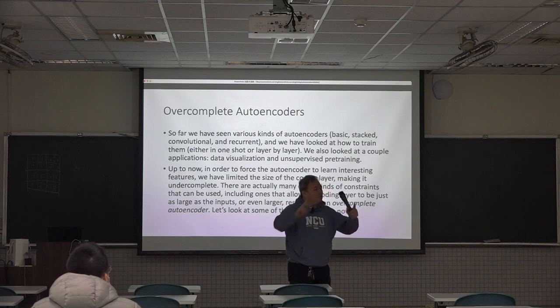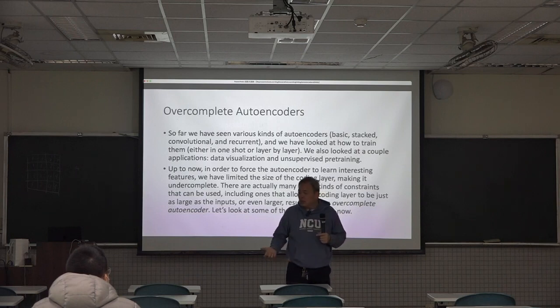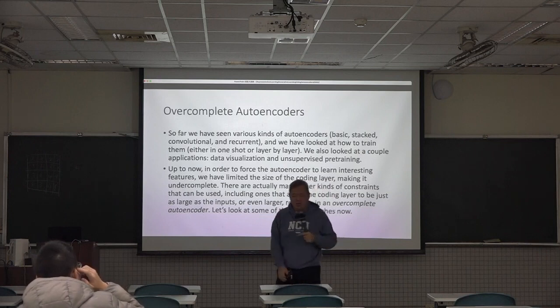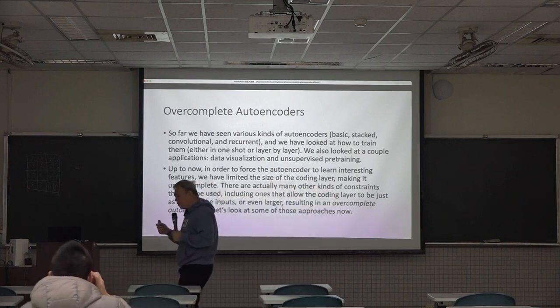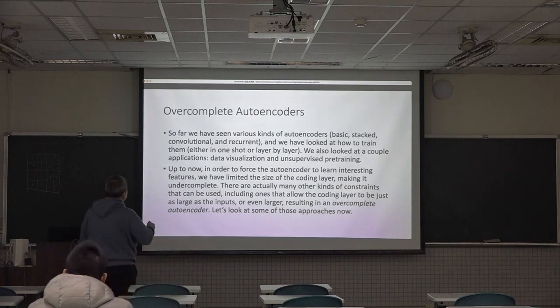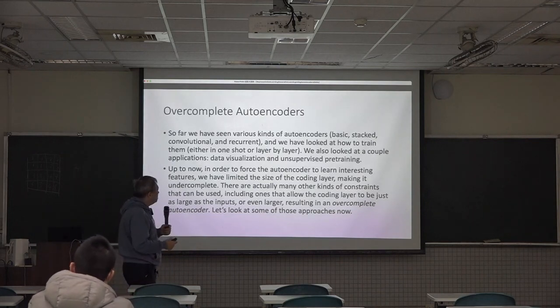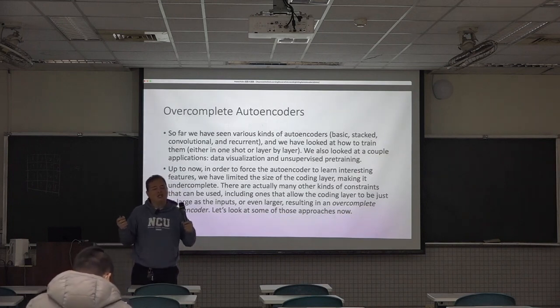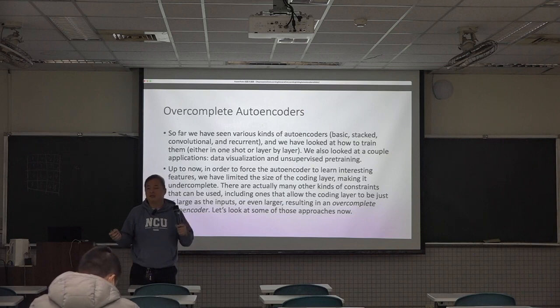In the under-complete autoencoder, the coding layer dimension is already what makes reconstruction difficult, because the dimension is lower than the input, so you have to find a good way to represent the input. But in an over-complete autoencoder, the coding is not necessarily smaller. It's equal to or greater than the input dimension.